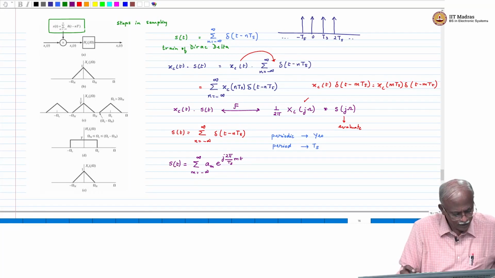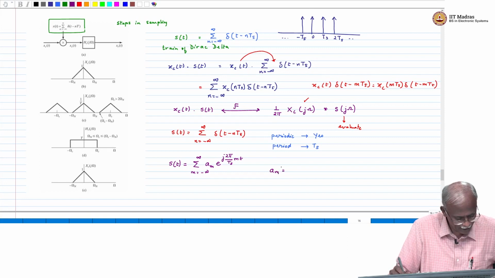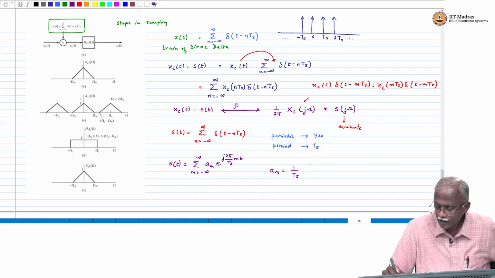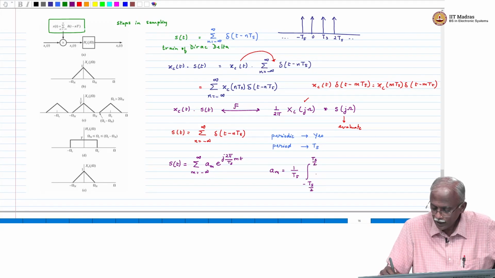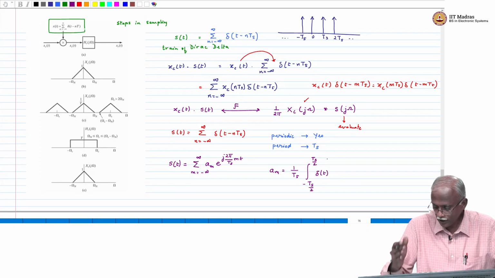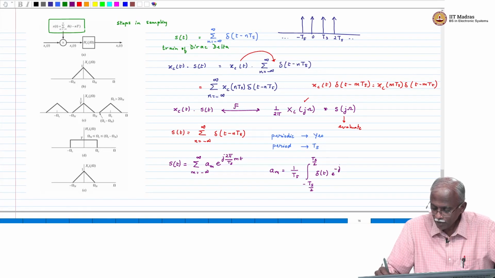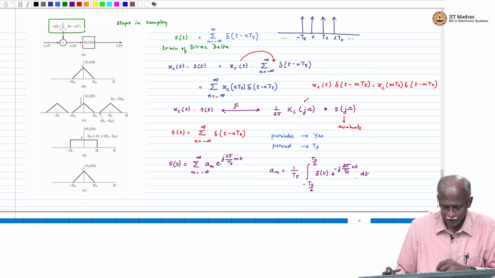Okay, and you can go ahead and write down the expression for am. The Fourier series coefficient is 1 by the period, integral from minus Ts by 2 to Ts by 2, delta of t, which is the function that occurs in one period, e power minus j 2 pi by Ts m t dt.